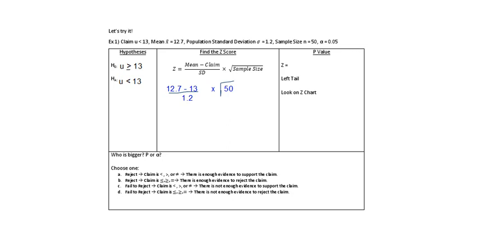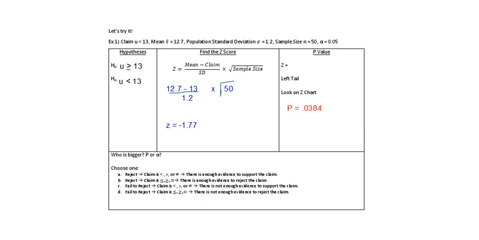For that, we can find our z-score, and our z-score is equal to negative 1.77. So I want to look that up on the chart. If you look that up on the chart, we're going to get a p-value of 0.0384.